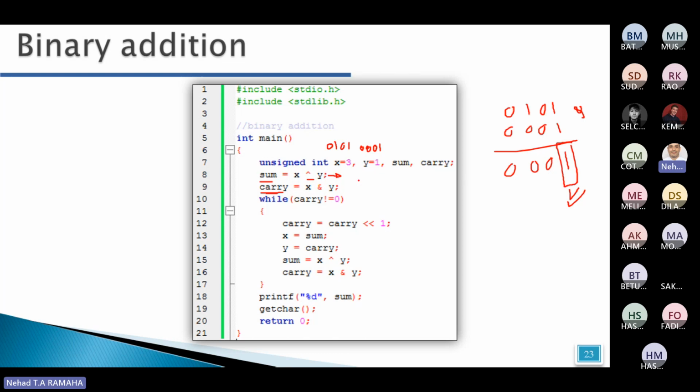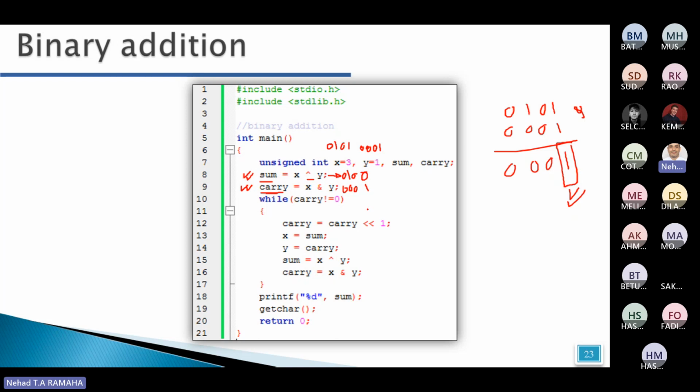So the result of the summation is 0, 0, 1, 0 here, not the final summation. We did not get the final summation yet. And we have carry, which is 1, 0, 0, 0. If we have carry, we have to continue the operation.